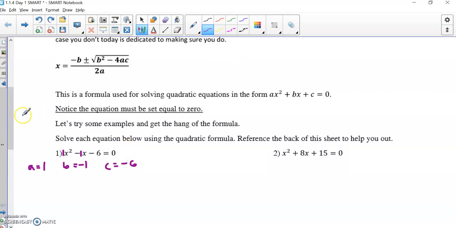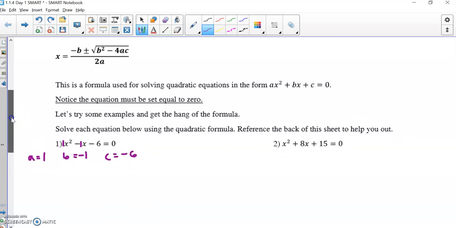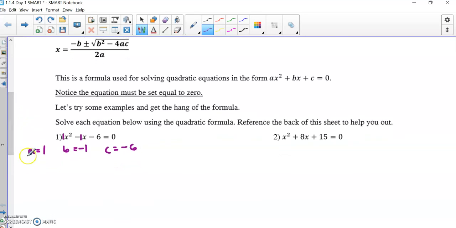So if we go ahead and make sure that our formula is right up here as we're going, we can follow along. So we know that x equals -b, that means opposite of b. So we'll put a negative, and then whatever our b value is, we're going to plug it in. Okay? Plus or minus, we'll talk about what that means in a little bit.